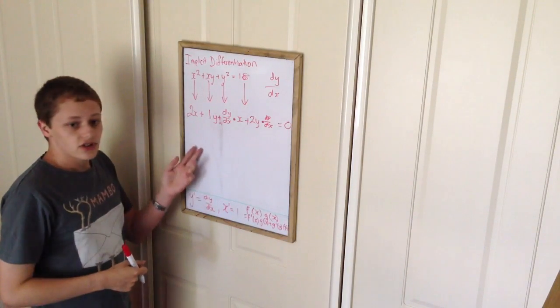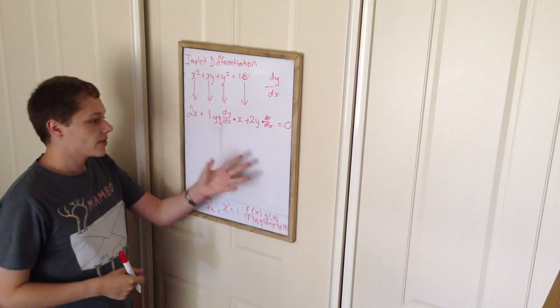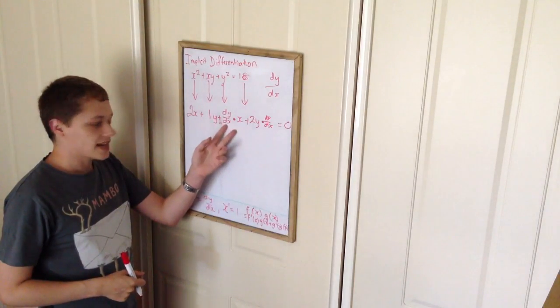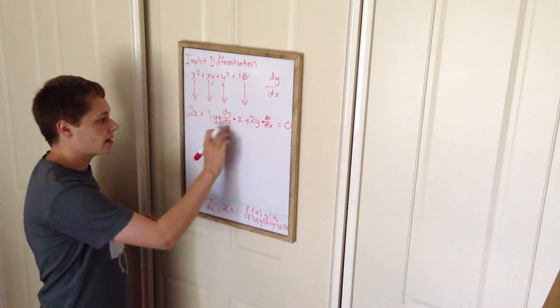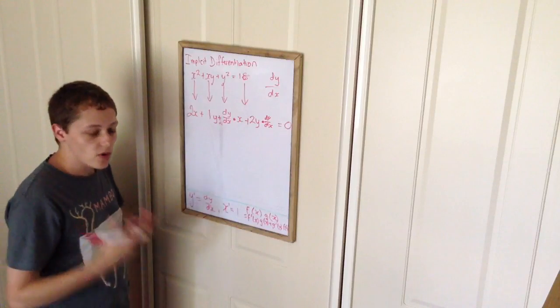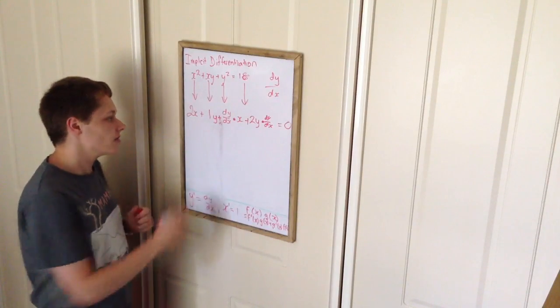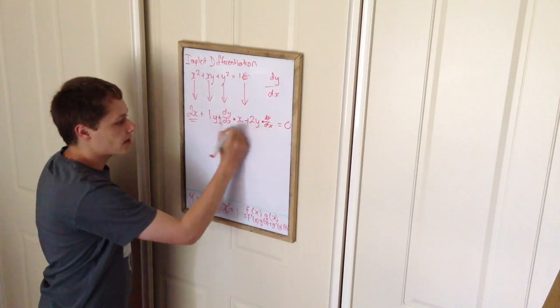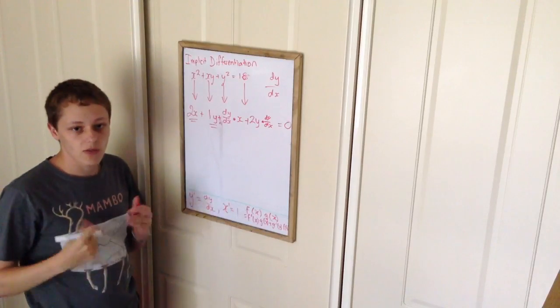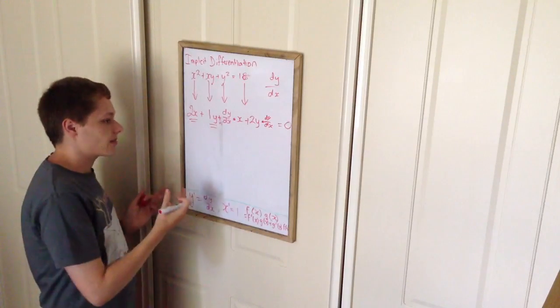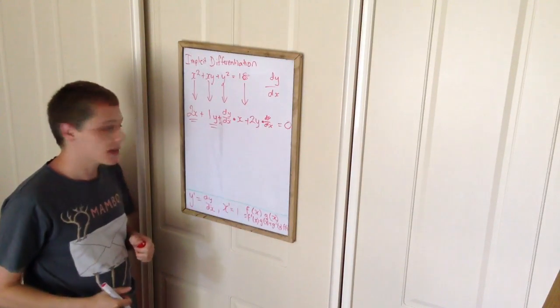So what we now do is simply gather all our terms that have dy over dx in them, and we want them on one side of the equation. To do this, we can take the terms that don't have dy over dx in them and move them to the right hand side of the equation.